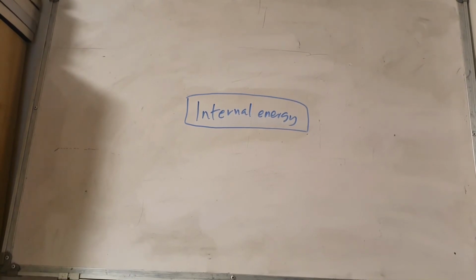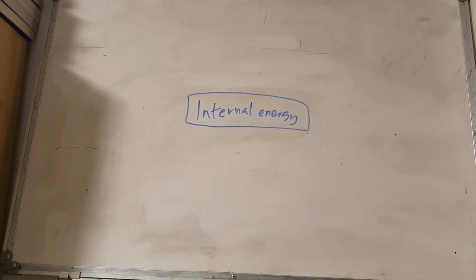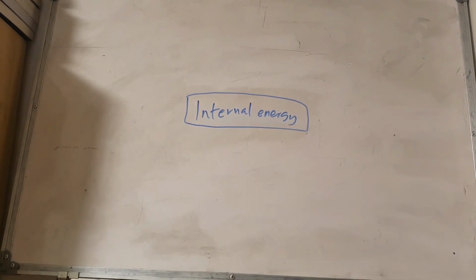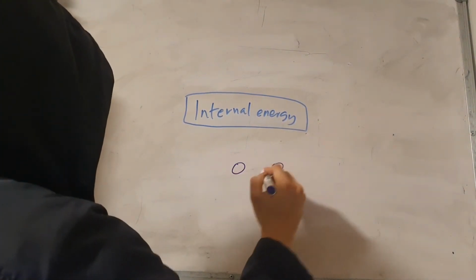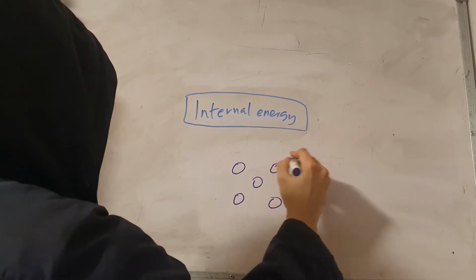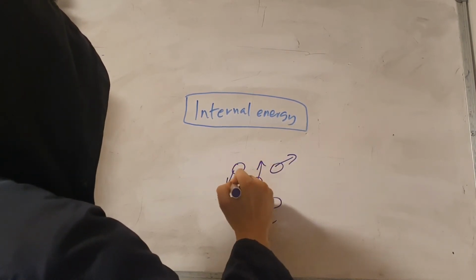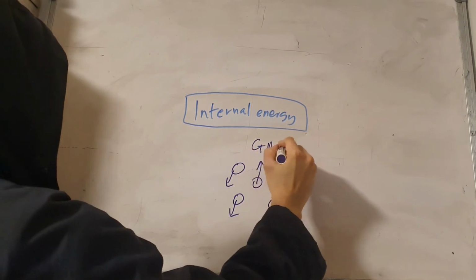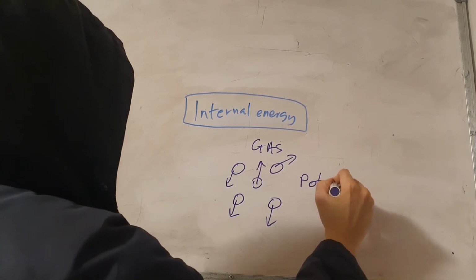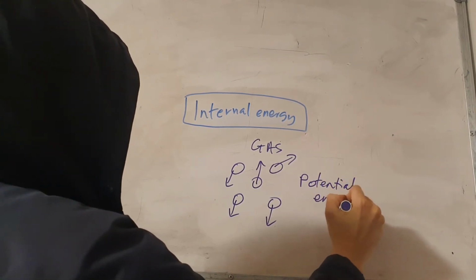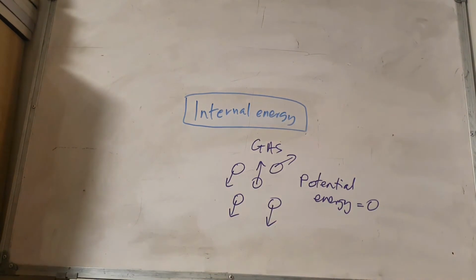Let's talk about the internal energies of a gas, liquid, and a solid. Now, an ideal gas does not have potential energy. Let's just say that this is a gas. Why does it not have potential energy? It is because there are no electrostatic forces.